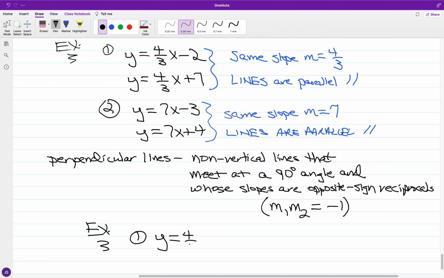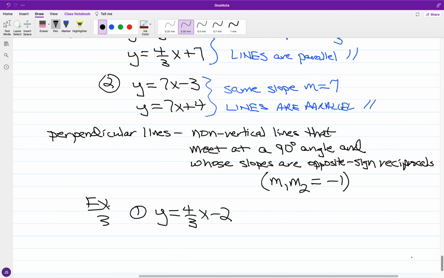So you have y is equal to 4/3 of x minus 2. And for the second line, I'm just going to maintain the coefficients. Now to make our x term represent the opposite sign reciprocal of 4/3, that is going to be -3/4 of x.